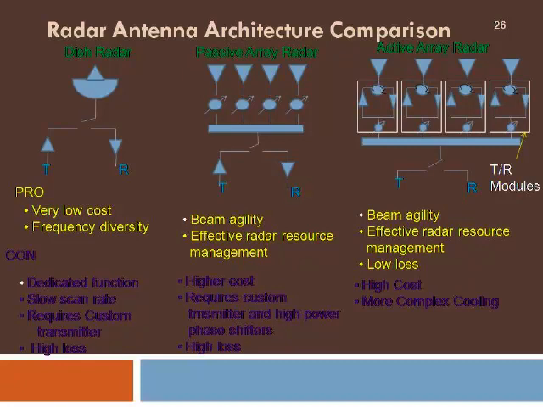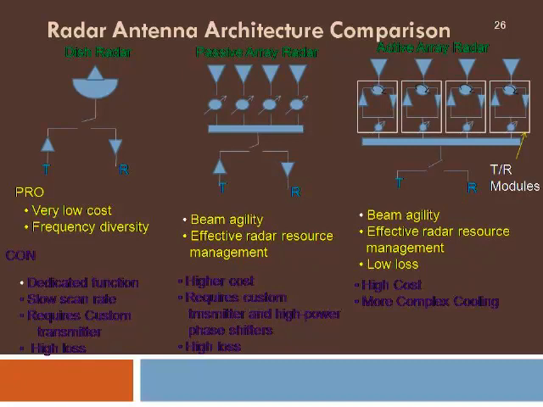So the plus and minus points of this active array are beam agility. Again, you can point the beam to different locations very easily and very accurately. Then there is effective radar resource management.